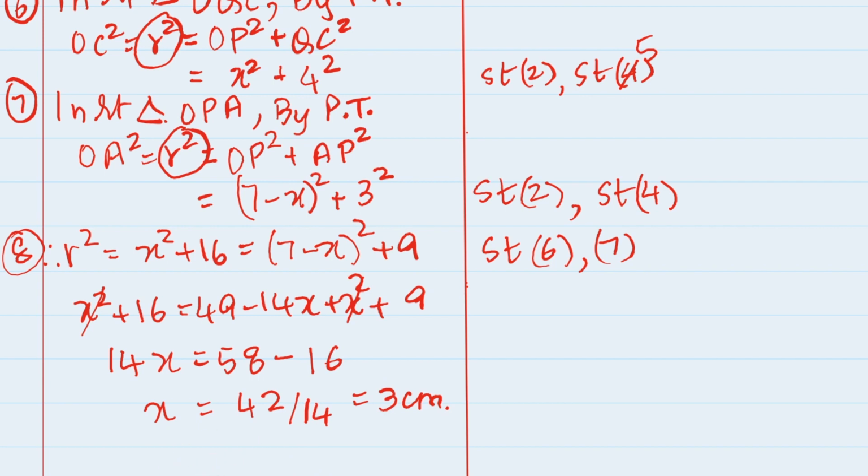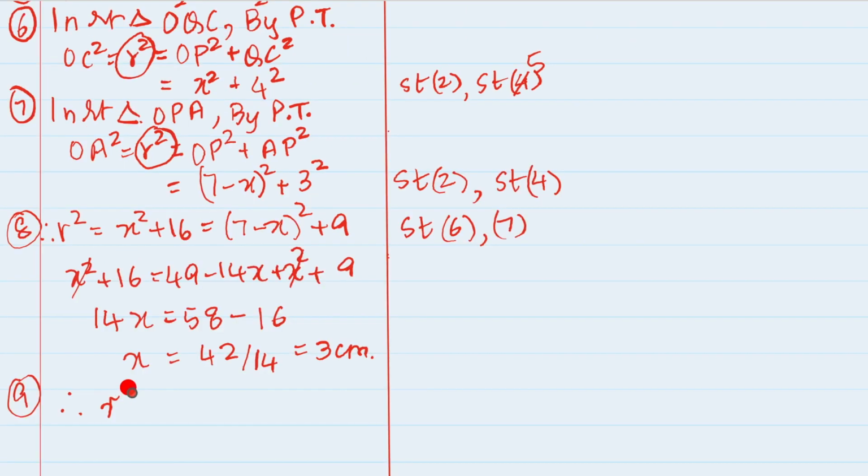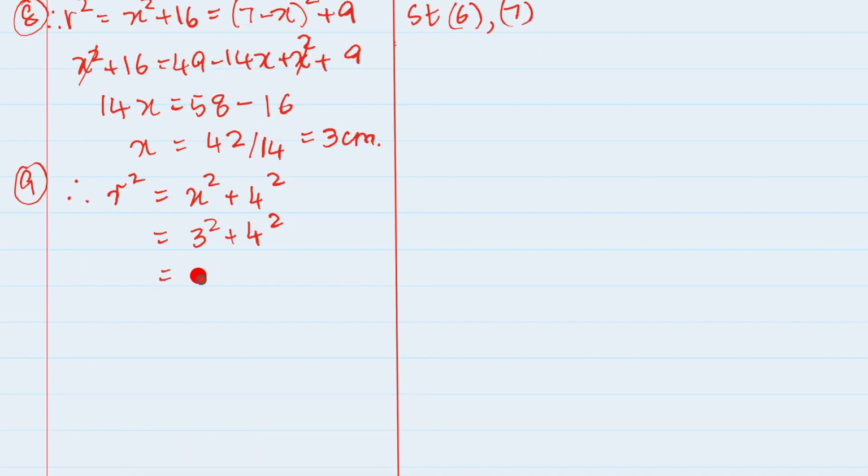Now, are we interested in x? No, we are interested in radius. So we will say therefore r square is equal to, what is r square? Can you see it is x square plus 4 square. Now, how much is x? 3. So, 3 square plus 4 square. Make sure that you write neatly and systematically like this.